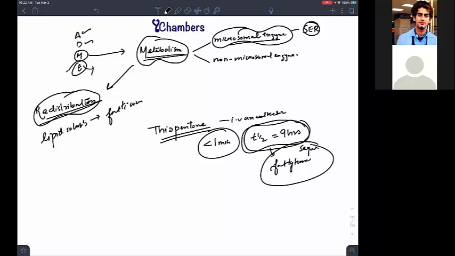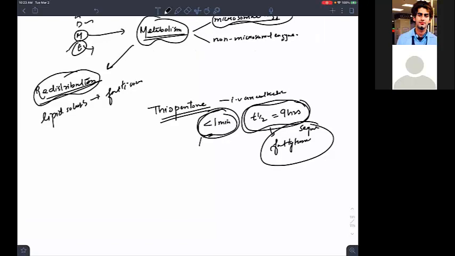But why does it go to the brain in less than 1 minute? What is the reason, my dears? Because you have a high cerebral blood flow, CBF. There is high blood flow towards the brain. That's why.